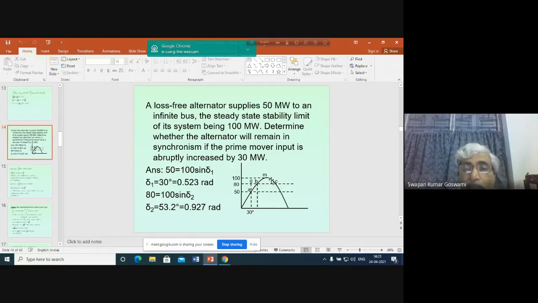If this total area is either equal to or greater than this area, then obviously stability will be maintained, because at this point or before it, synchronous speed will be regained. If this area is more than this area, stable synchronous speed will be obtained before this point is reached. If it is just equal, then stable synchronous speed will be regained here.